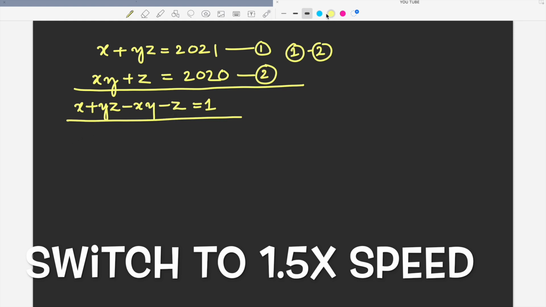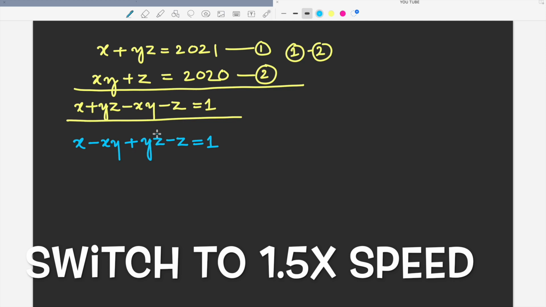So how do I regroup it? x minus xy plus yz minus z equals 1, right? So in these terms, I have x on both terms, so I can write x as common.